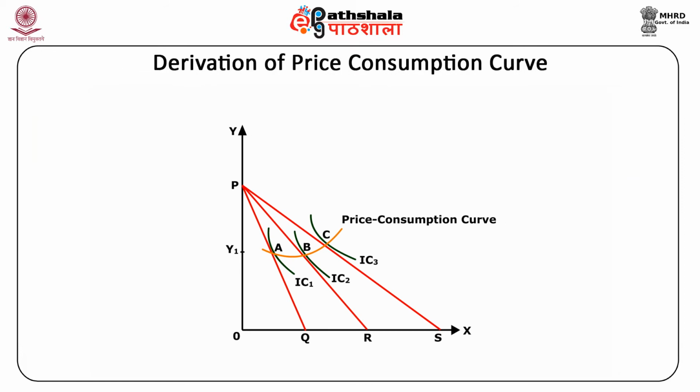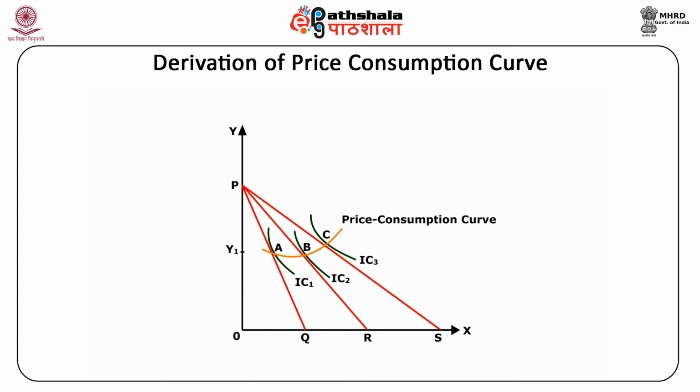In the figure, PQ indicates the budget line for a given income level M1 and given prices of commodities X and Y. The consumer is in equilibrium at point A when the indifference curve IC1 is tangent to the budget line PQ.